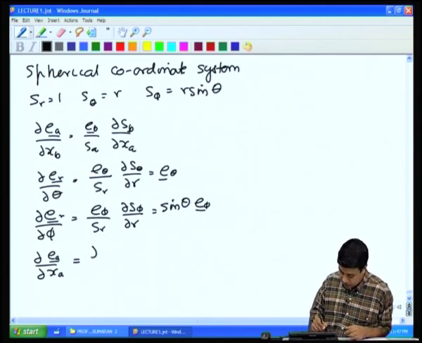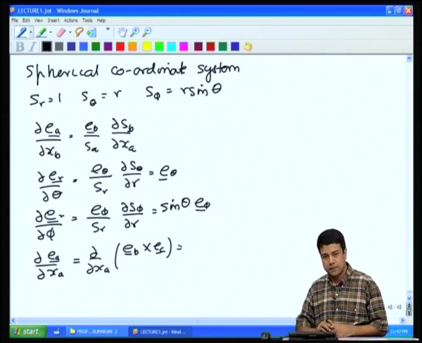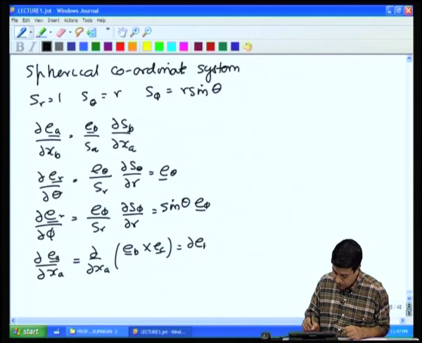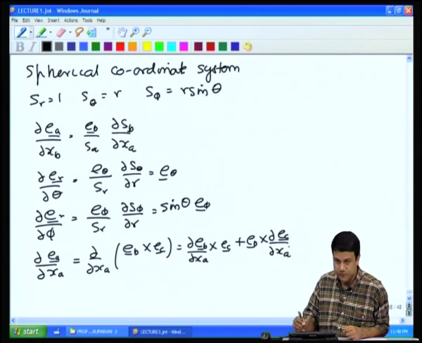So, I express d by dx A of E B cross E C. So, this is equal to partial E B by partial x A cross E C plus E B cross partial E C by partial x A.